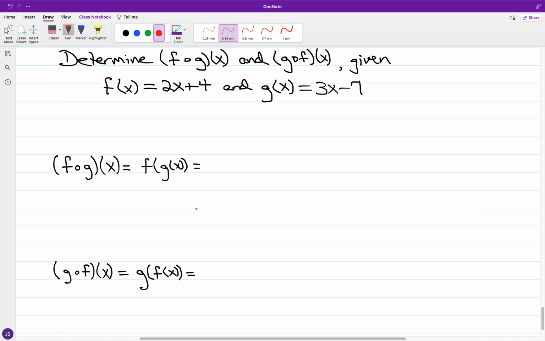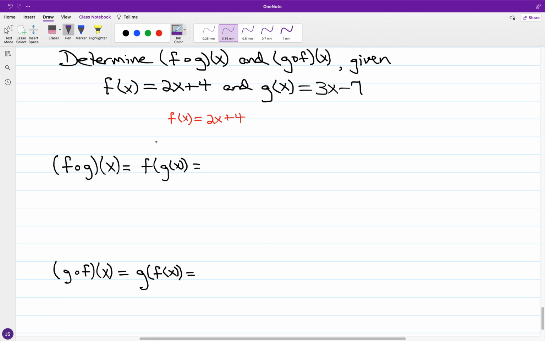For f composed with g of x, just envisioning building blocks, your outside function is going to be f. For the function f, you have f of the input is equal to 2 times the input plus 4.